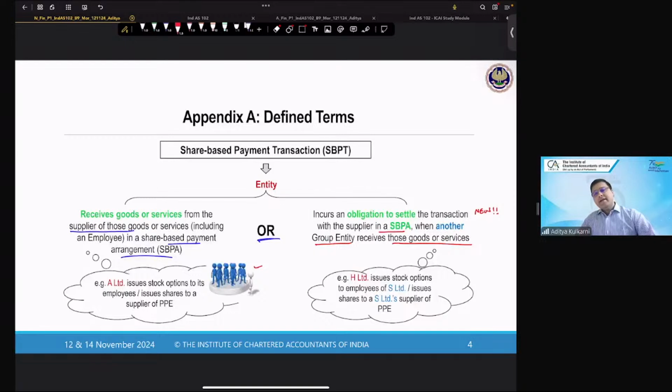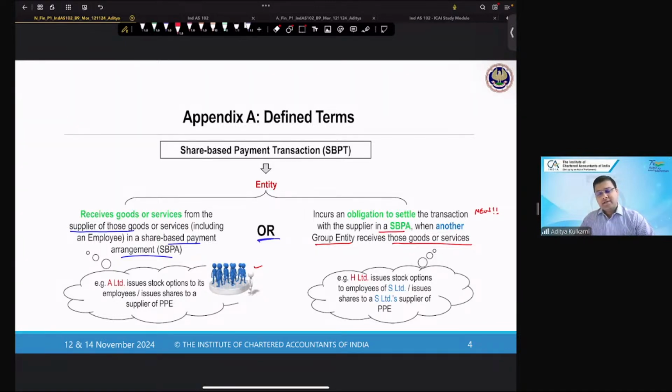They are providing services to Tata Sons. Tata Sons is an unlisted entity, and therefore, even if that company comes out with a share-based payment transaction where they say we will issue shares of Tata Sons, employees will say, what do I do with that? I cannot liquidate it. There is no market for that. I cannot get a buyer. So it is as good as you're giving me nothing.